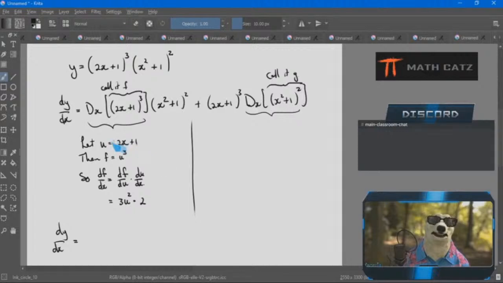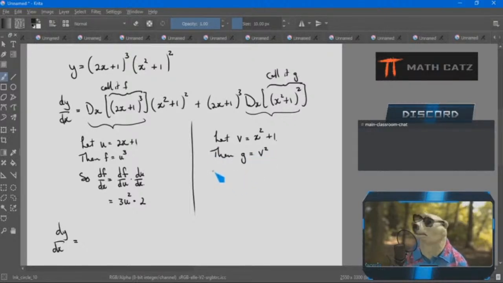You'll start to write less and less as you become comfortable. That's okay. Let it happen then. Don't force it. This one maybe, let's call it the inside function v. I can't use a u, right? I've used u already. It's a different inside function. Then g is v squared, still pretty straightforward.